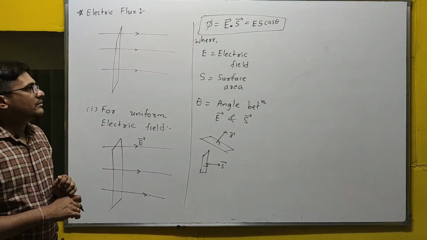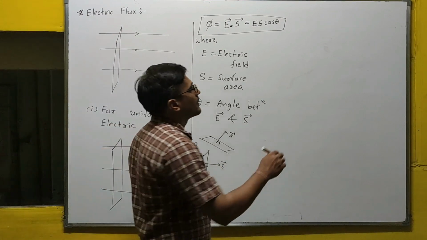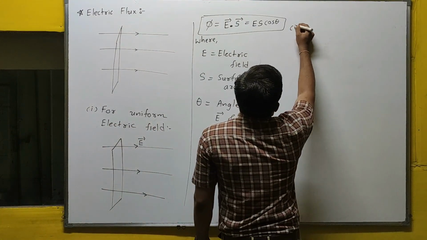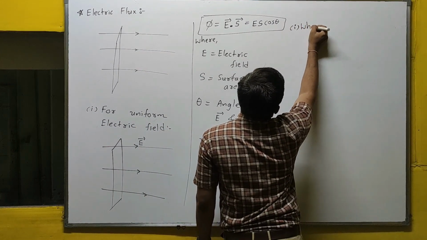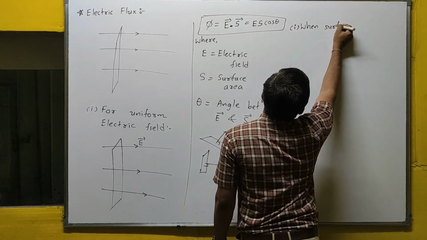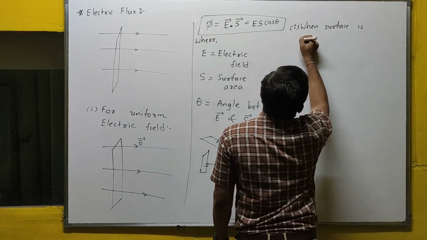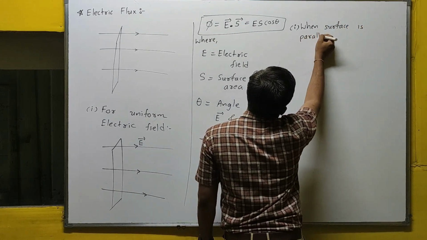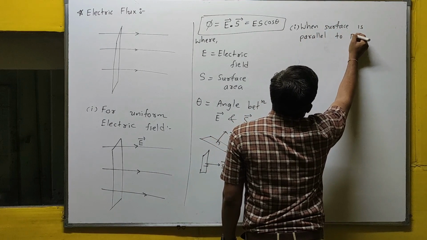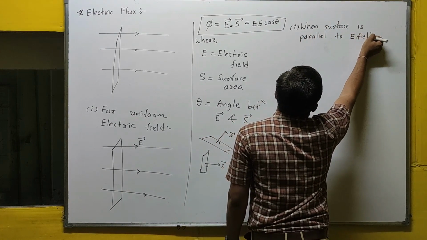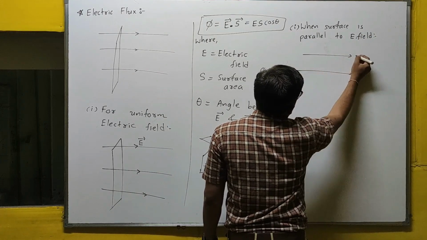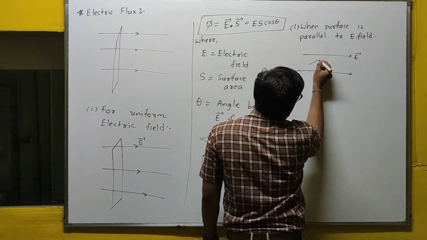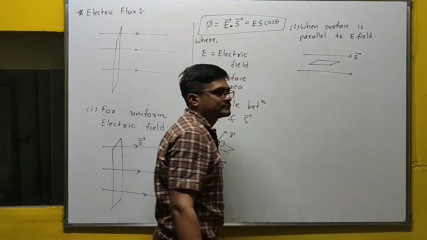Right? So there are many conditions. First condition, when the surface is parallel to the electric field, then what happens? Suppose electric field is in this direction and the surface is like this.